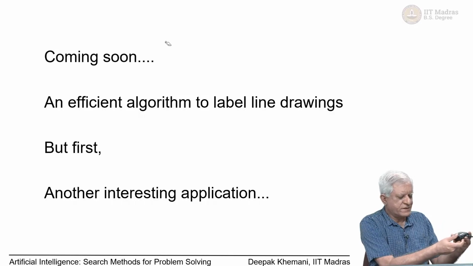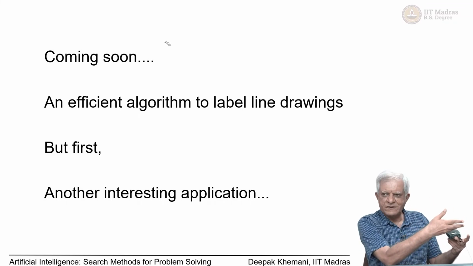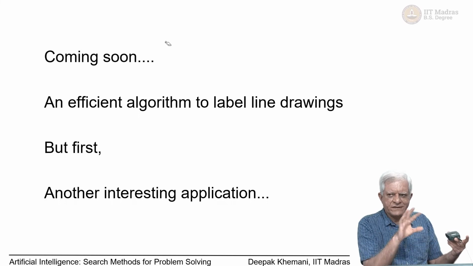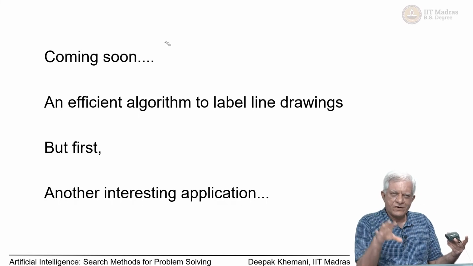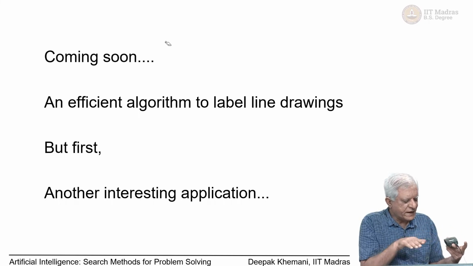If I am looking at this device and I am seeing this edge, I cannot see what's on the other side, correct? So, an arrow edge is on the boundary of the object, that is the first thing. Then should I label it that way or should I label it this way? The convention says that the material is on the right side of the arrow.